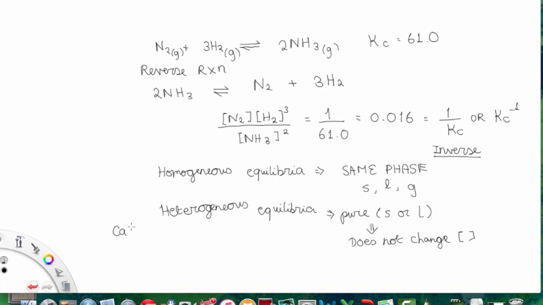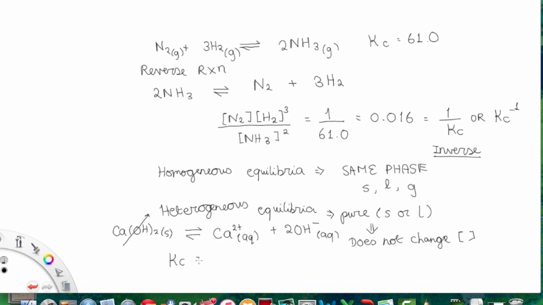We have calcium hydroxide, which is a solid, and this is breaking up into the two ions, calcium 2+ in aqueous form, plus 2 OH- ions, aqueous. When we write out this Kc value, or the equilibrium constant, we're not going to include the solid calcium hydroxide, because in a heterogeneous equilibrium, we do not include pure substances.